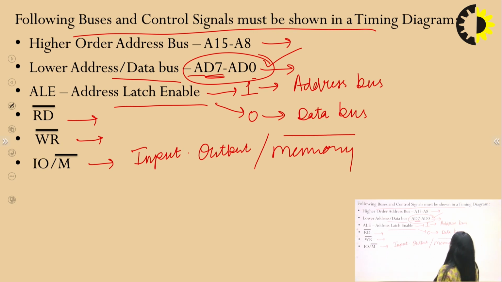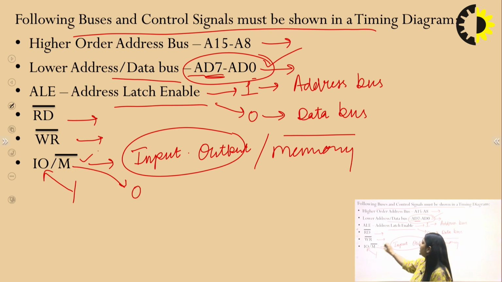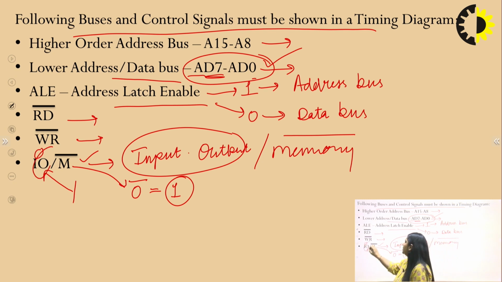As we all know, the microprocessor will be reading the data either from the memory or from the input output. If the microprocessor has to read the data from the input output, then this pin will be 1. If 1 is there, that means input output will be giving our data. If the value is 0, as memory is an active low signal, 0 will be complemented to 1, and this pin will be 0, so it will not work for input output.